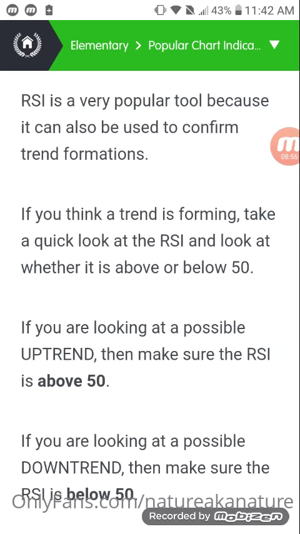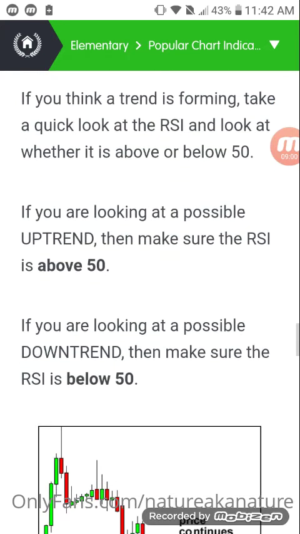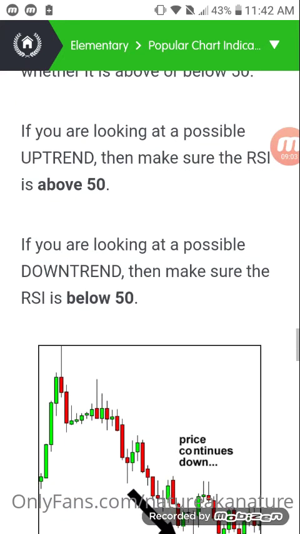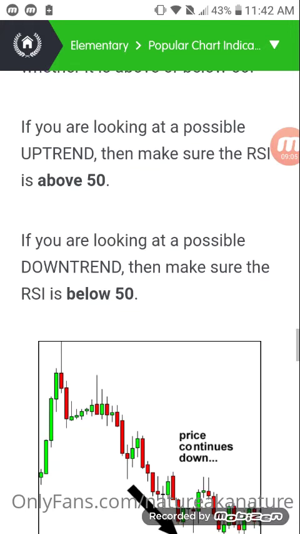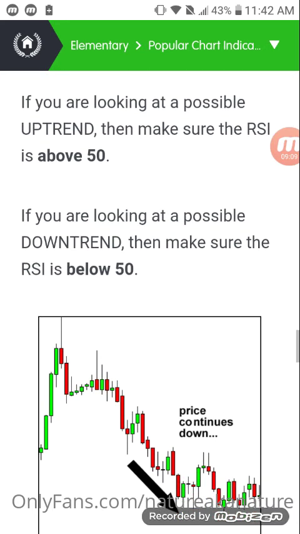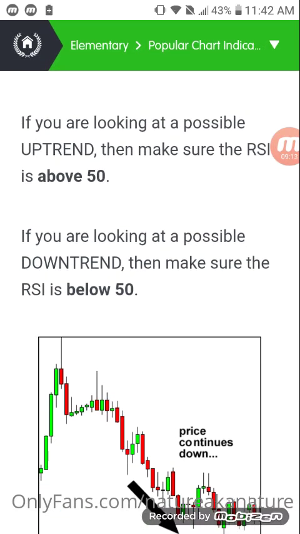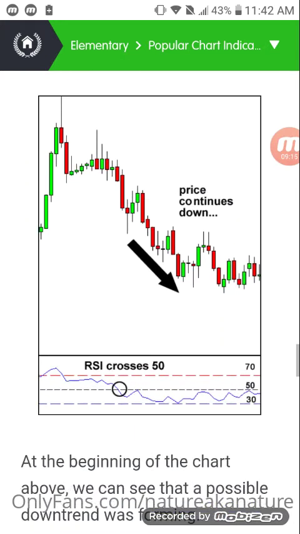The 50 is the center line. If you're looking at a possible uptrend, make sure the RSI is above 50. If you're looking for a possible downtrend, make sure the RSI is below 50. So above 50 for the uptrend, below 50 for the downtrend.